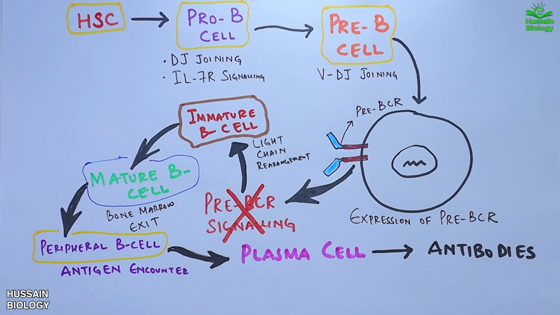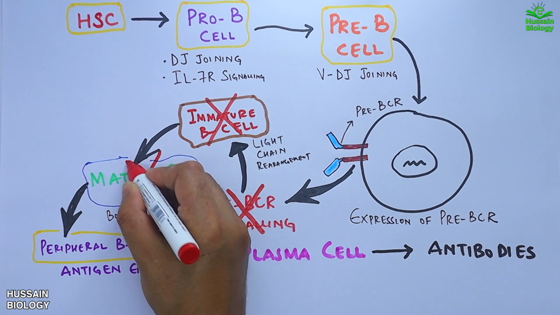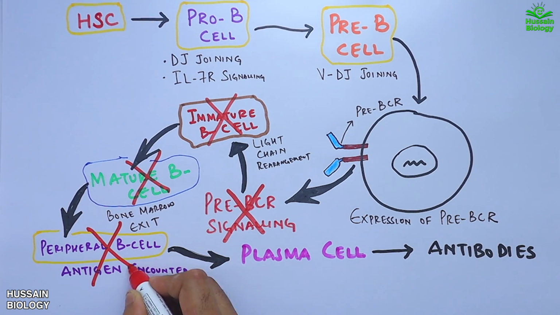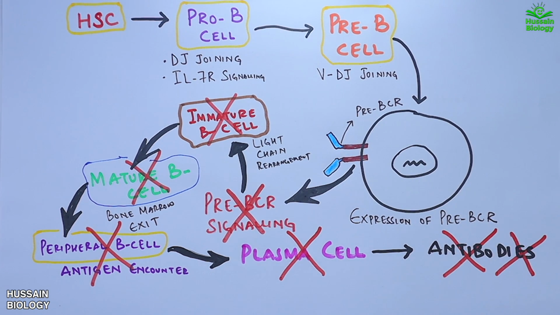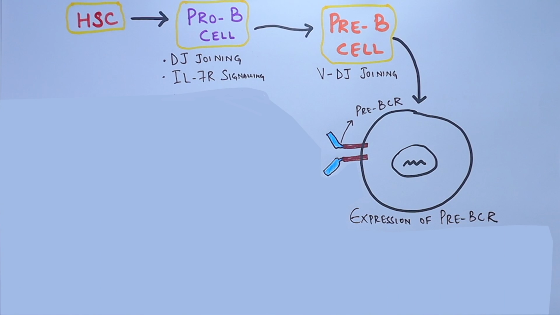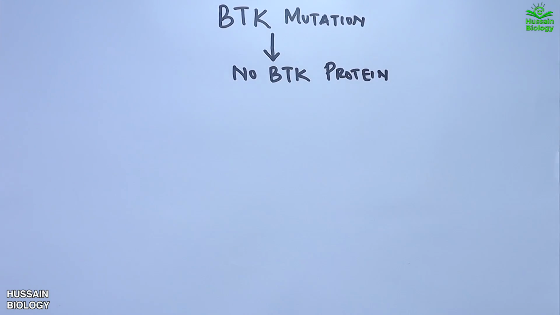That time we do not get the BTK protein. So BTK is unavailable and we do not get the activation of pre-BCR complex, and all further events cease to exist. That means we do not get the B cell development, and eventually we also do not get the production of immunoglobulins. That's agammaglobulinemia.